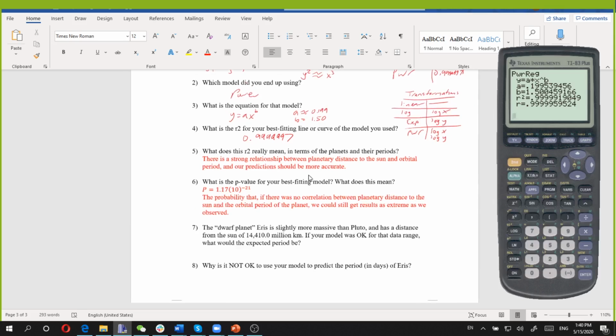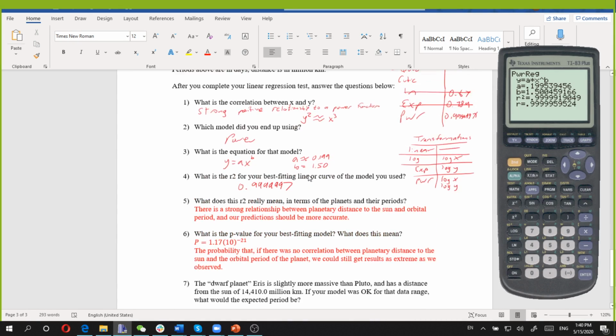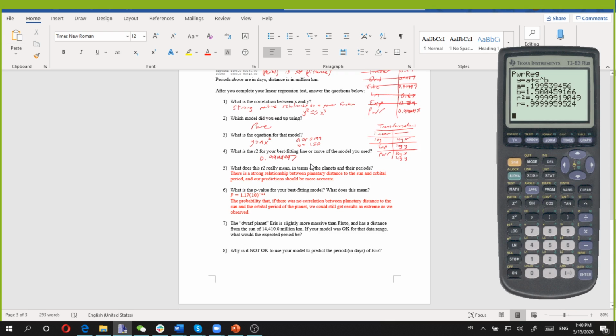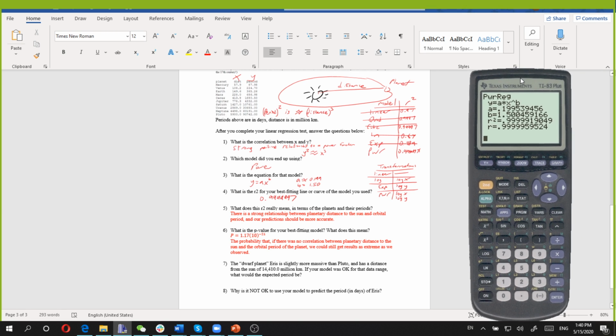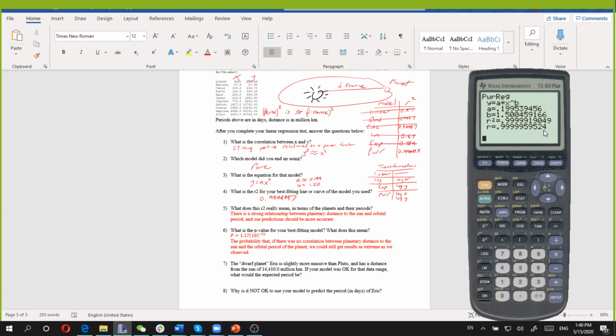Zoom out a little bit. So the question is, what would the orbital period of Ares be if our model was okay for that data range? What would I have to do?